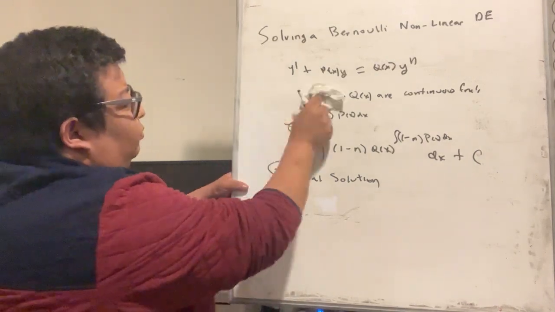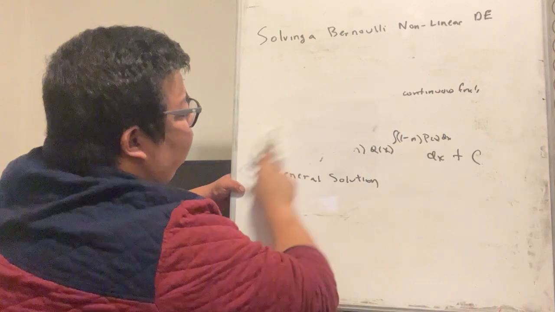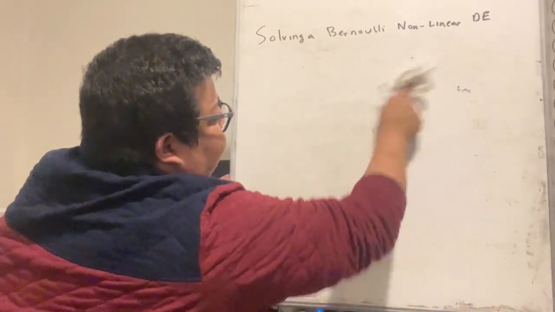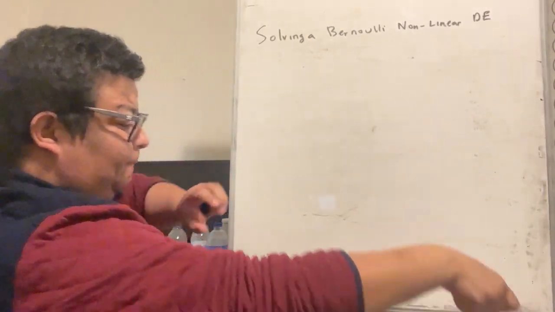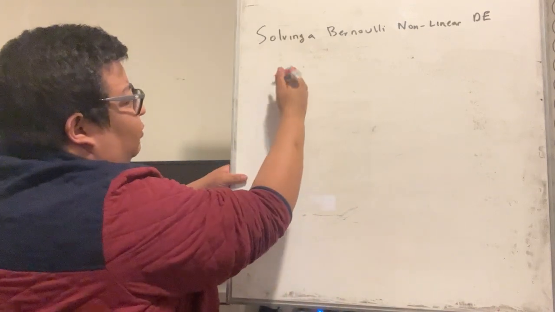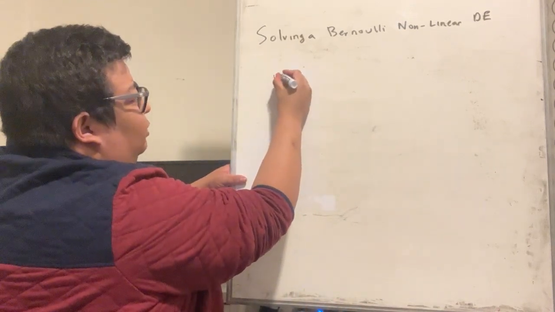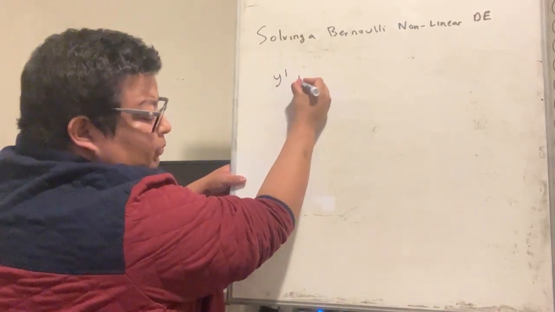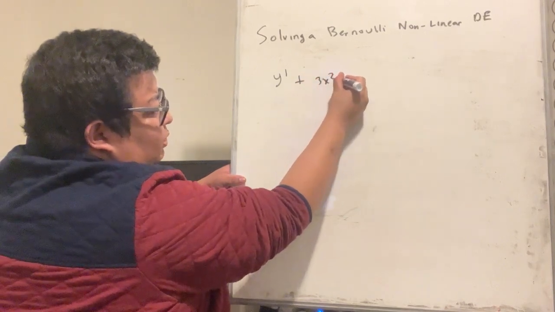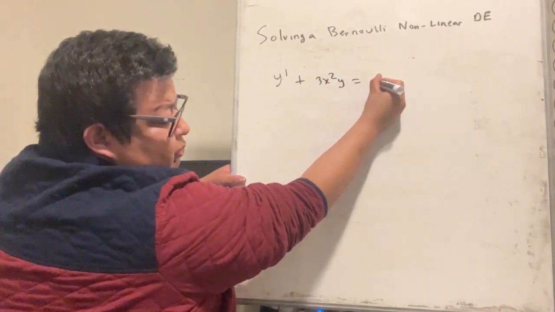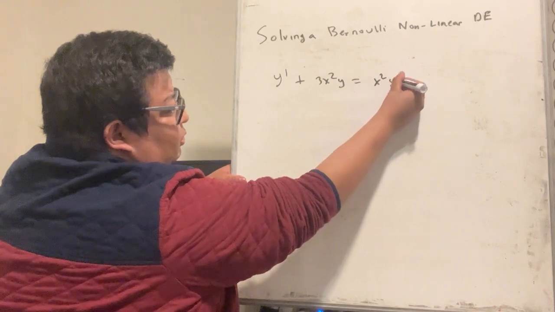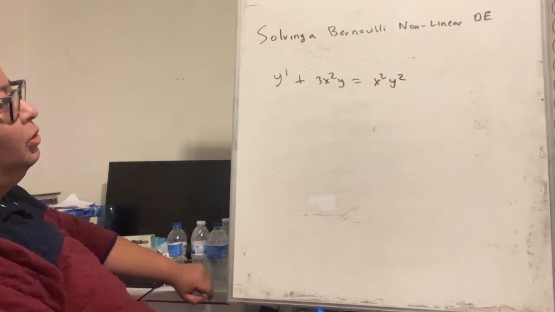All right. So let's say we have the following Bernoulli equation: y prime plus 3x squared y equals x squared y squared.